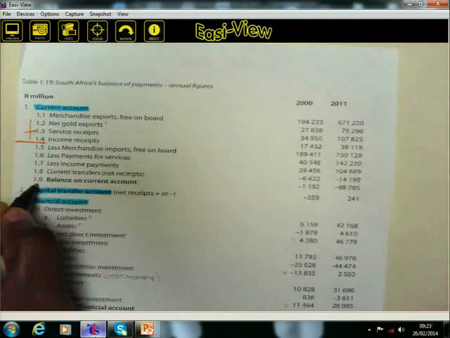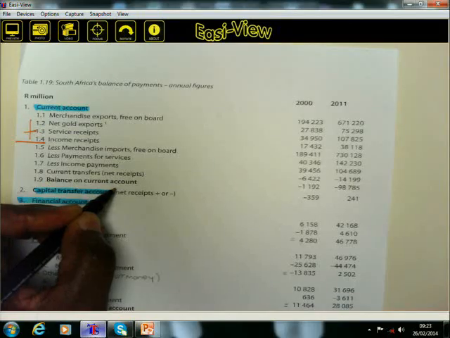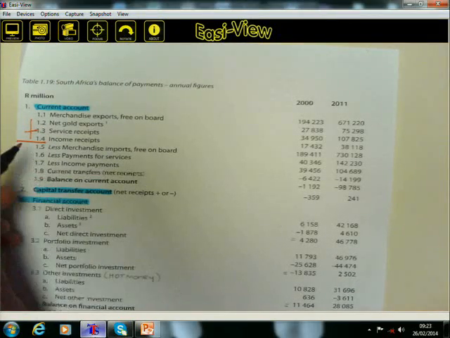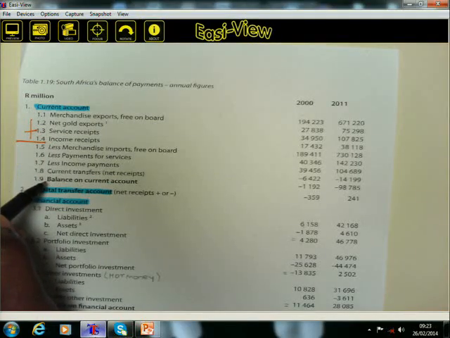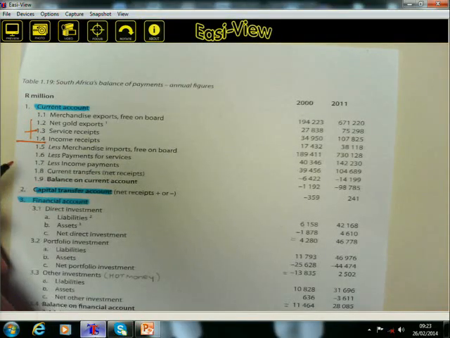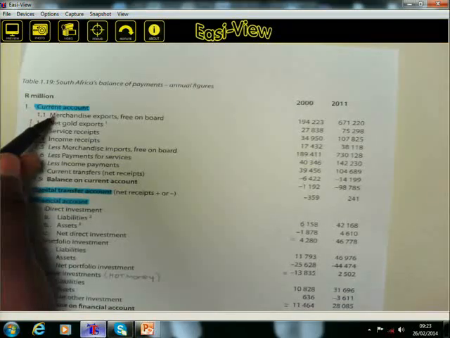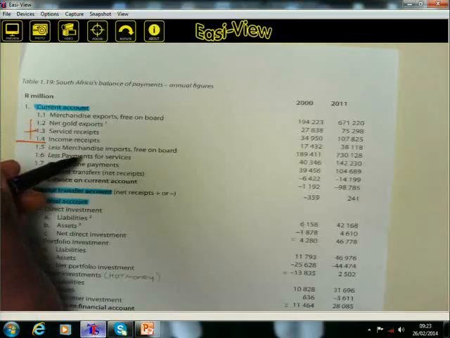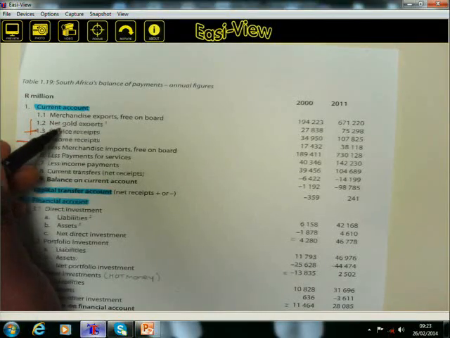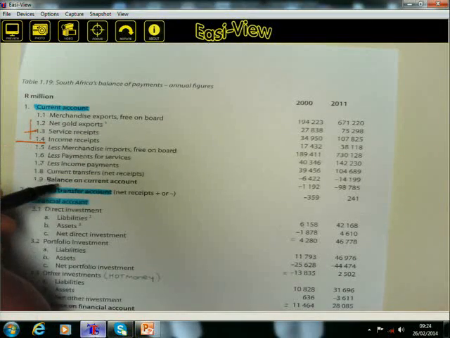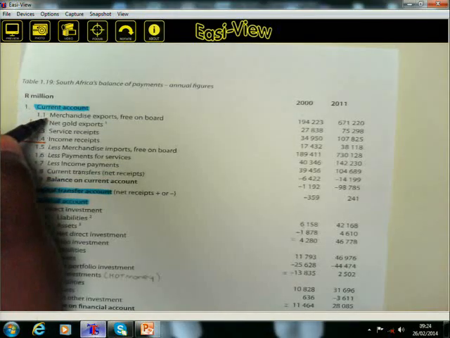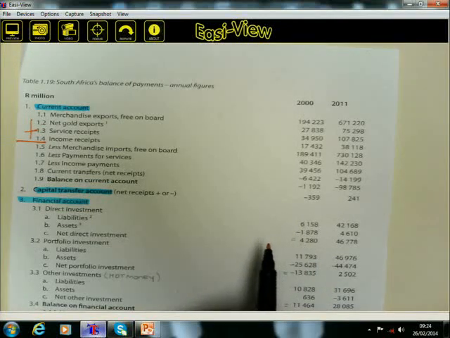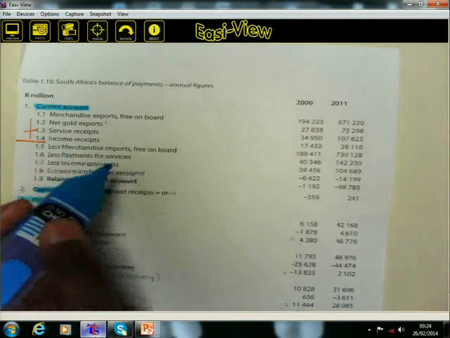Then you will get a balance on current account, which can either be positive or negative. What determines whether our current account is positive or negative is the level of import and export. If imports are greater than exports, a country will experience a deficit on the balance of payment account, and we'll have a negative balance on current account.